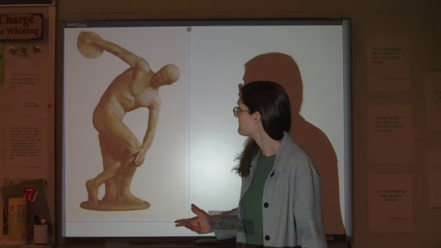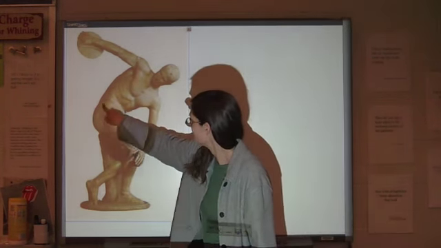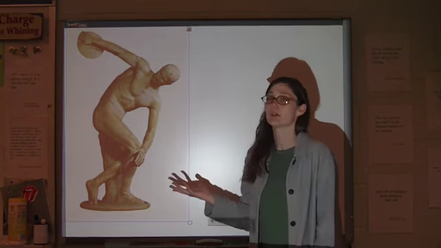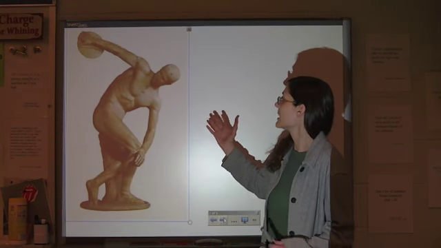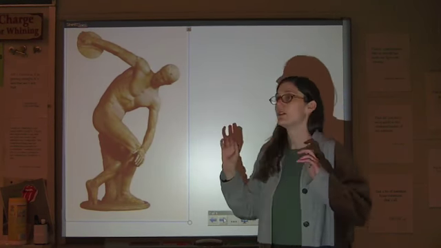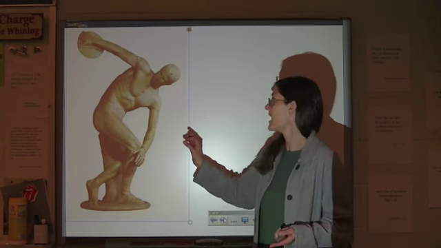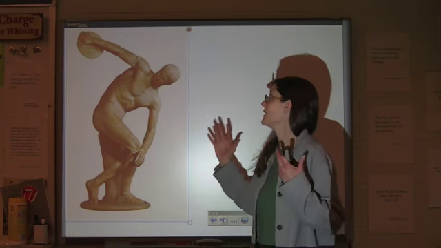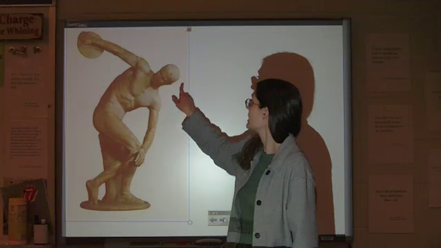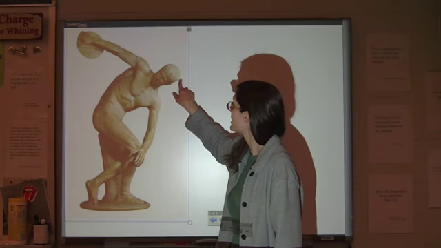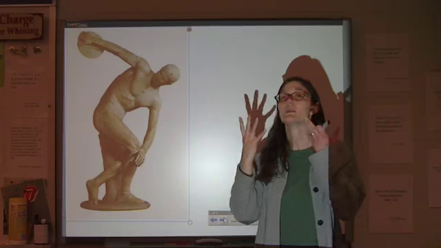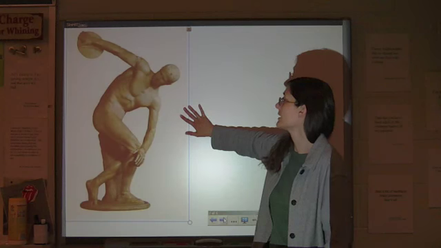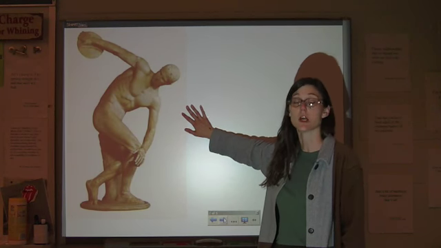No one has a muscle on the side of their hip like that. Goes all the way down here. And again, does this look like a real person? This is somebody who is supposed to be the ideal athlete. This is not a physique that was achievable in ancient Greece. And again, you can tell he's very young. He's supposed to be in the prime of life. All right? Those are all qualities that we see with classical art.